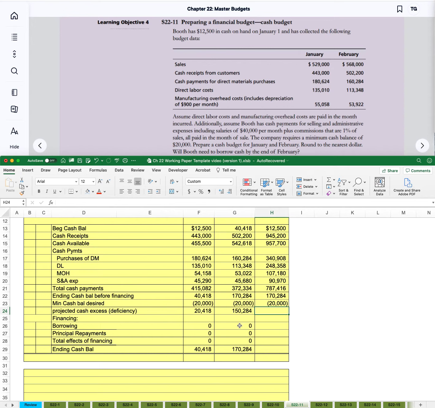And then so we can add these together to get our projected cash excess or deficiency of 150,284. And we would be summing here, but that's of course going to give us zeros.